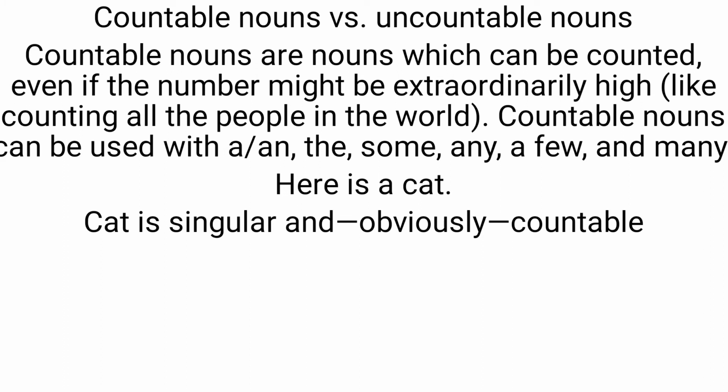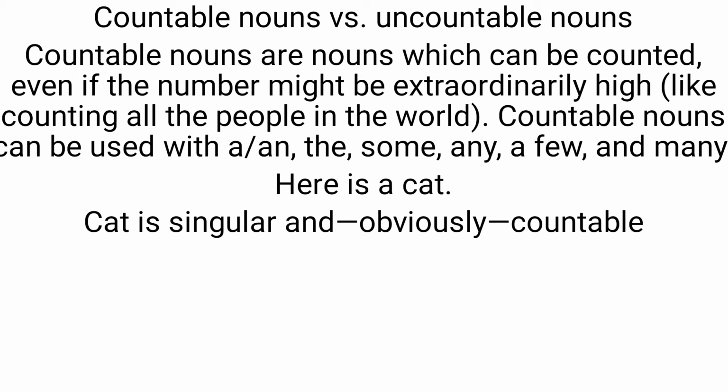Dear students, as discussed in the beginning, different categorizations have been given. Some scholars categorize all the nouns into two categories: countable and uncountable. Countable nouns are the nouns which can be counted even if the number might be extraordinarily high, like counting all the people in the world, but they are called countable nouns.